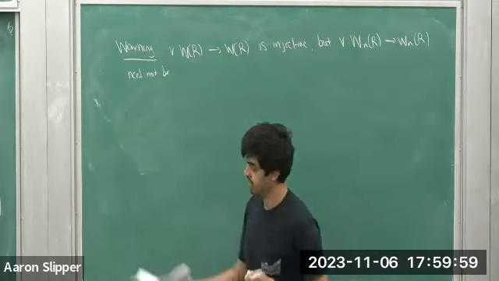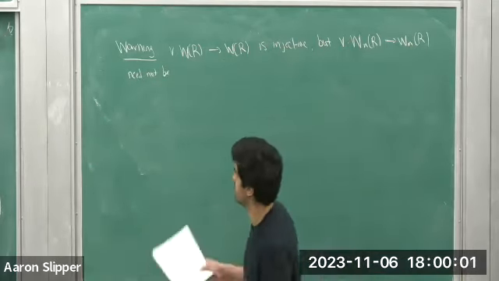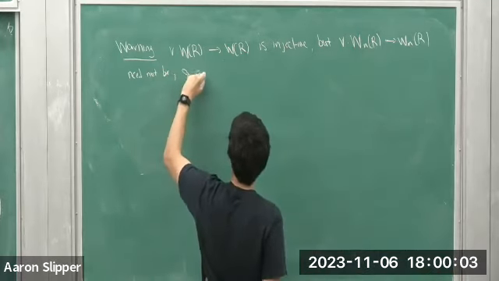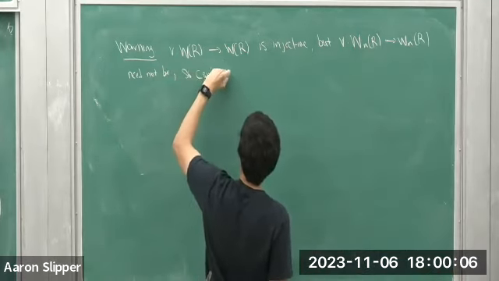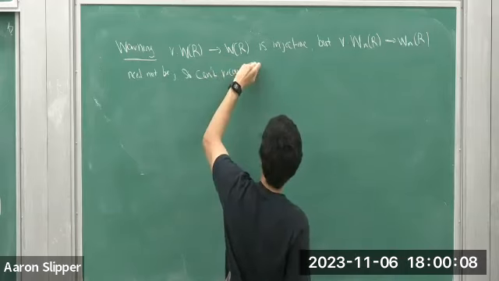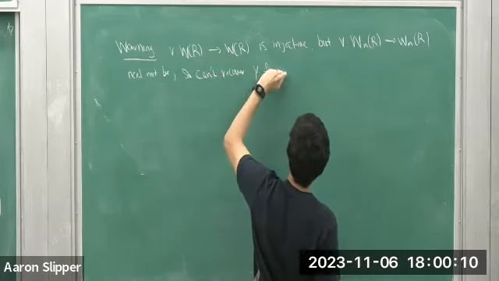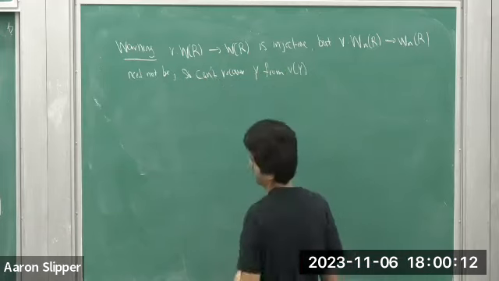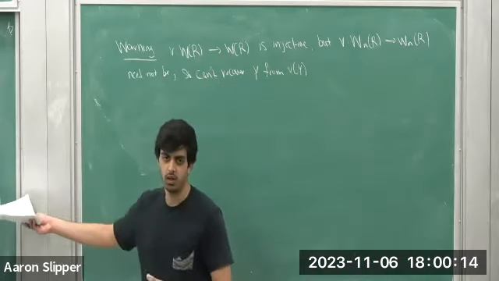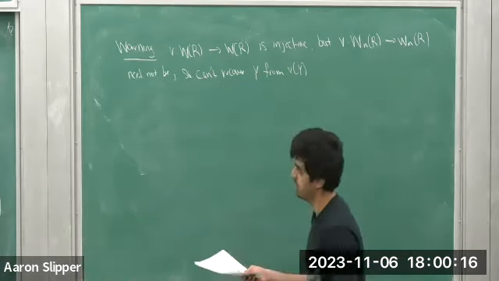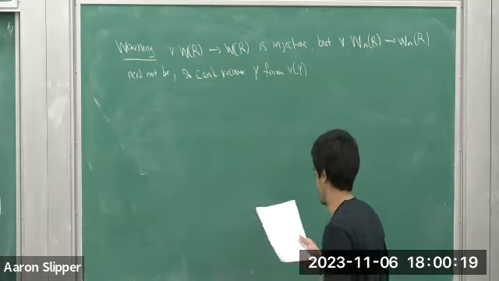So in the context of displays, we can't recover Y from V of Y. The way around this is just to keep track of the Y as well, and keep track of two matrices instead of just one.